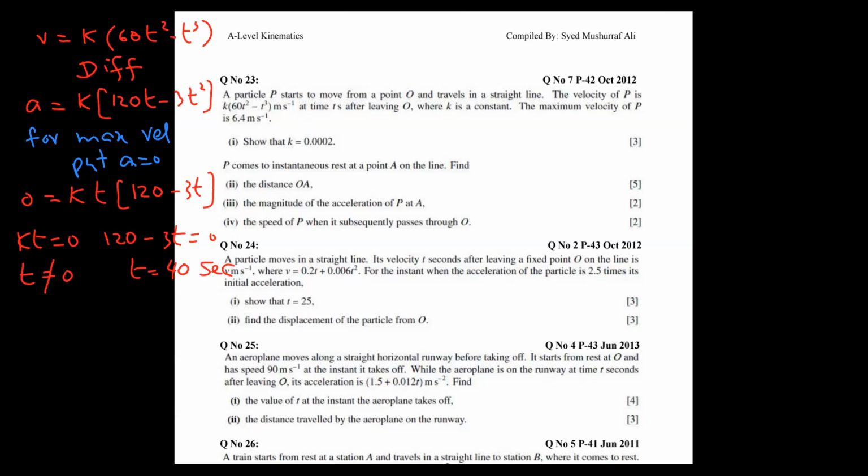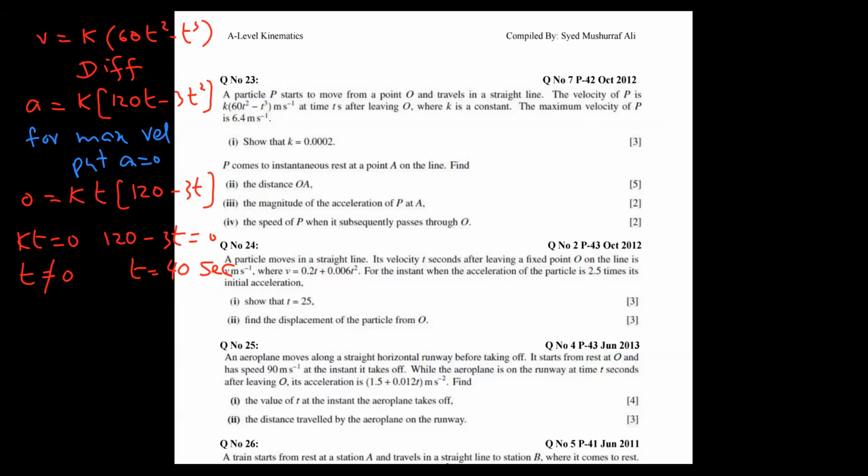But the question is not over. It means when I started from 0, I got a maximum velocity, a peak. At that peak point, time is 40. And now I can plug in, because I know that maximum velocity is 6.4, acceleration is 0, and time is 40. These values are enough to plug back into equation 1 to get the k value.